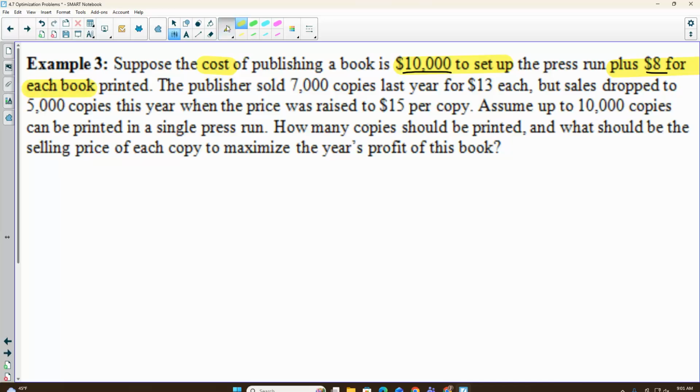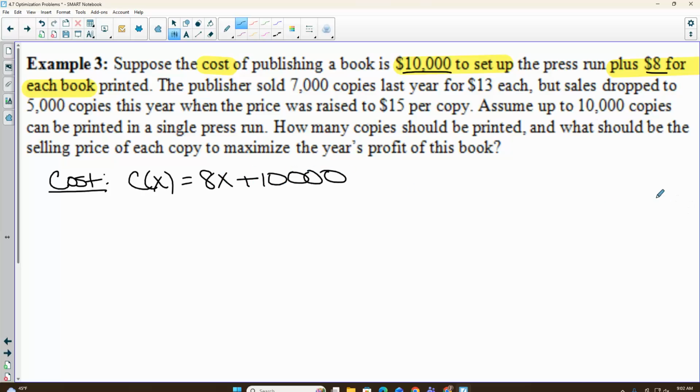What would I write there? Could we come up with an equation? 8x plus 10,000. So my cost, use C of x. It's just linear, $8 for each book, so 8x, plus the one-time $10,000 to set up.